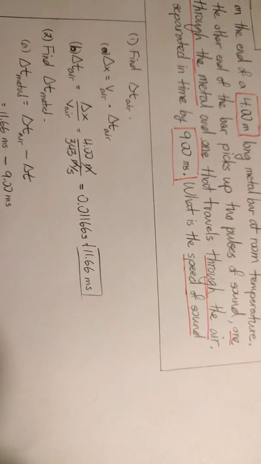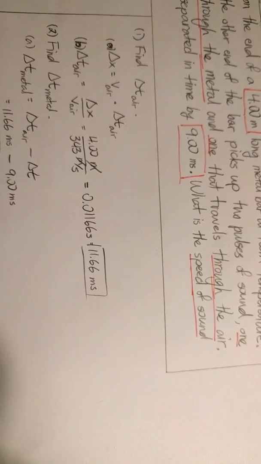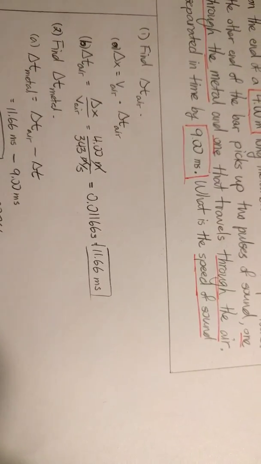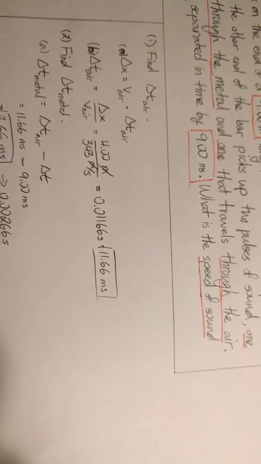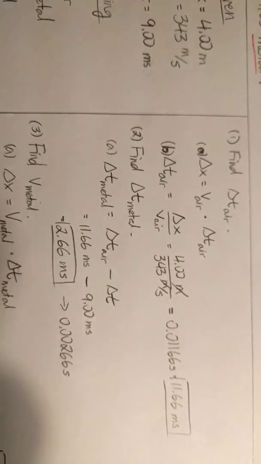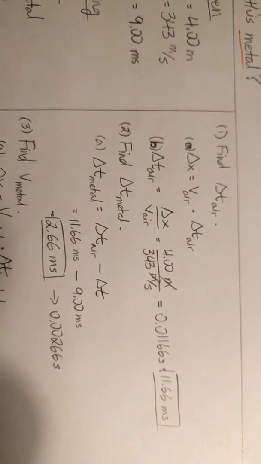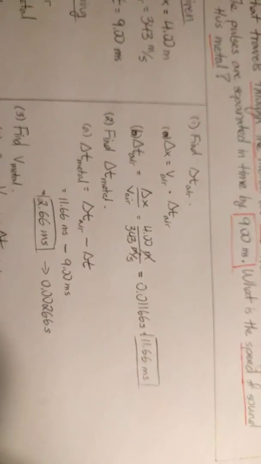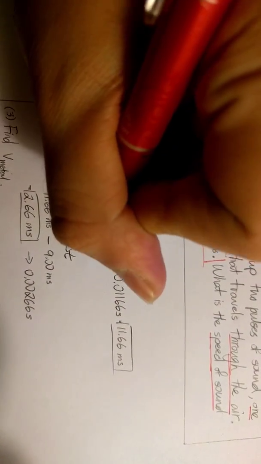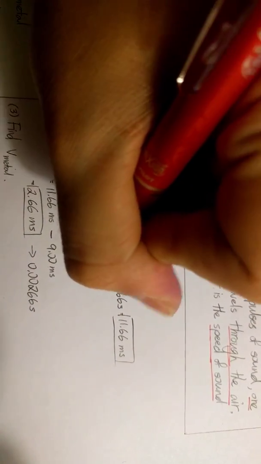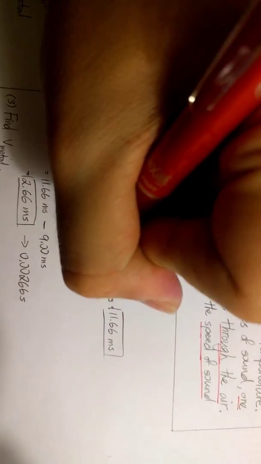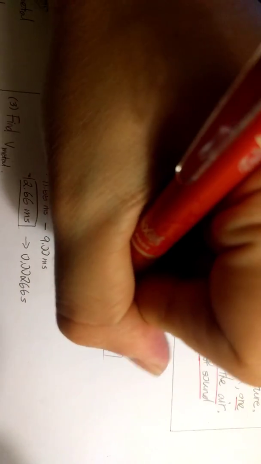the prompt. And since we have now found time, we can calculate the time it takes for the sound to travel in the metal by doing change in t right here, which would have initially began as delta t is equal to time in the air minus time in the metal.